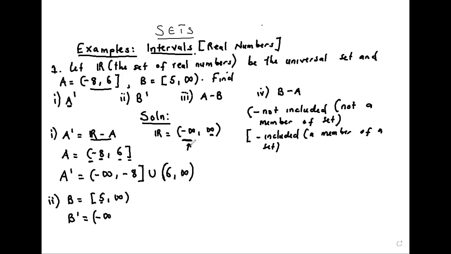B starts from 5, so all the way up to 5. 5 is a member of B, so we exclude it in the complement. We're supposed to start again at the end of B, but B is ending at infinity, where the universal set ends. So the B complement will just be that single interval from -infinity to 5, like that.